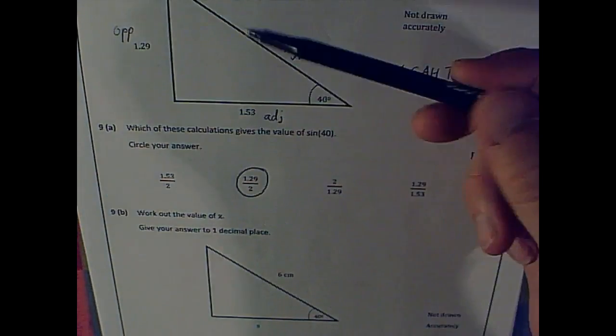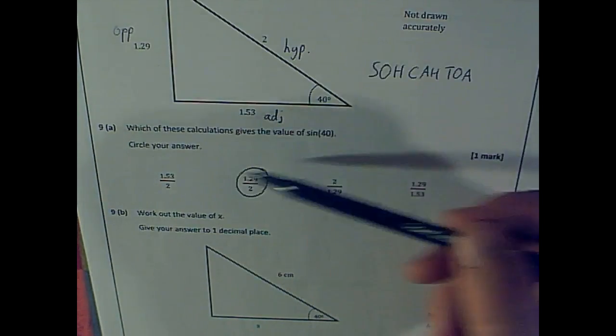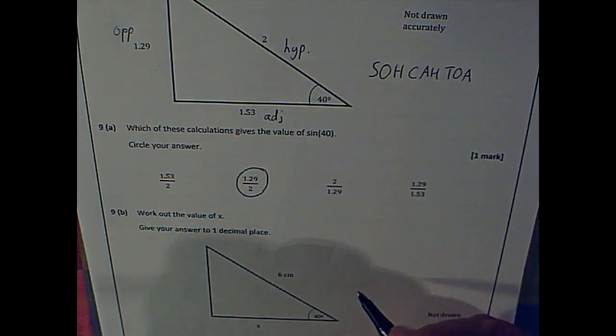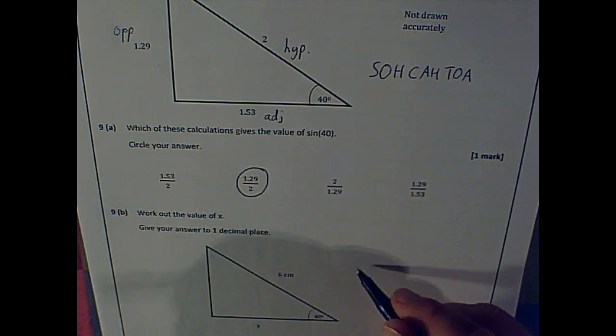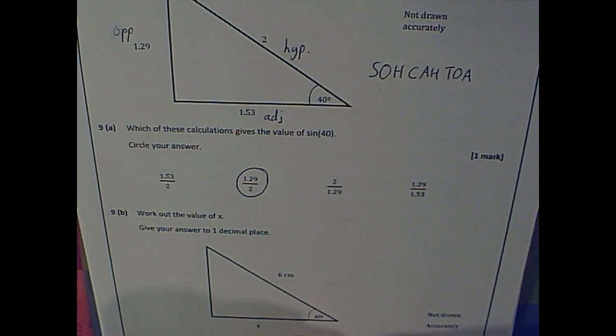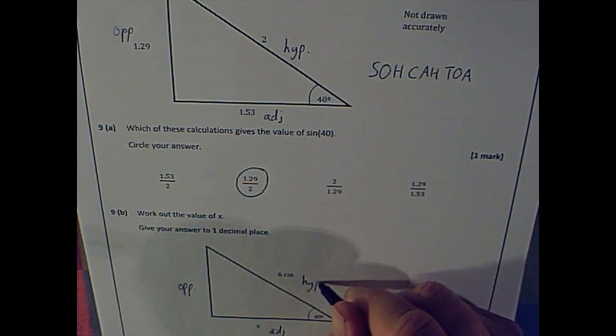Well, you've got to see that this is a continuation of the previous question, and this triangle will give you the information you need. But what I would do is, from SOHCAHTOA, cos of 40 degrees, this is my adjacent here, isn't it? And this is my opposite, and this is my hypotenuse.